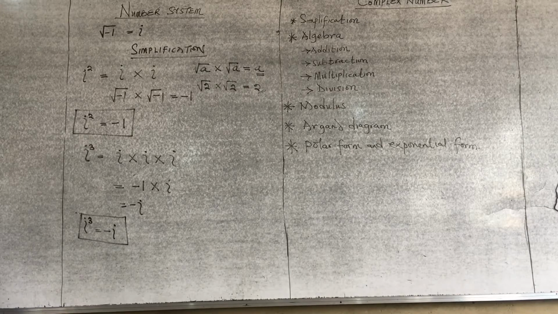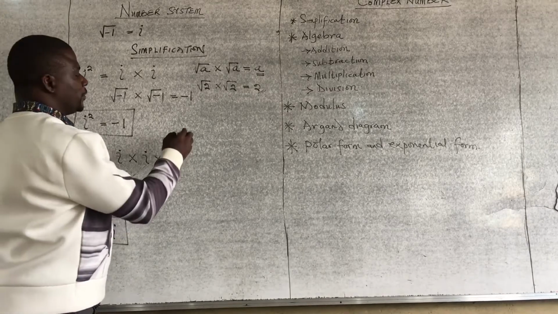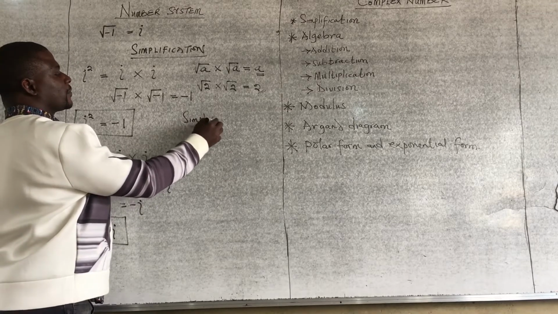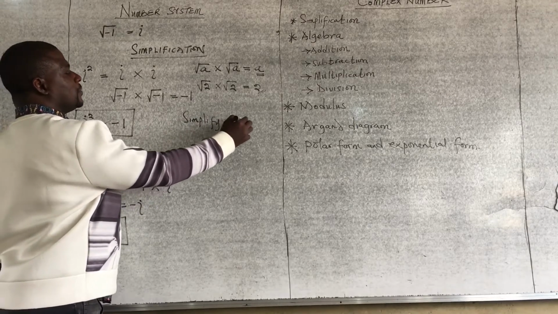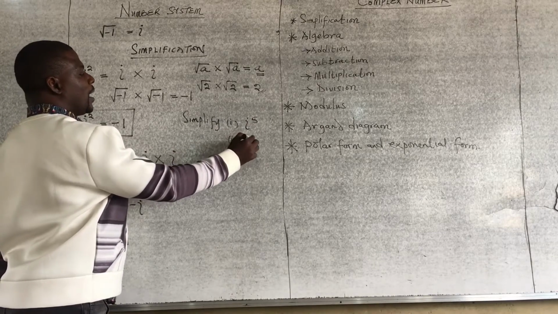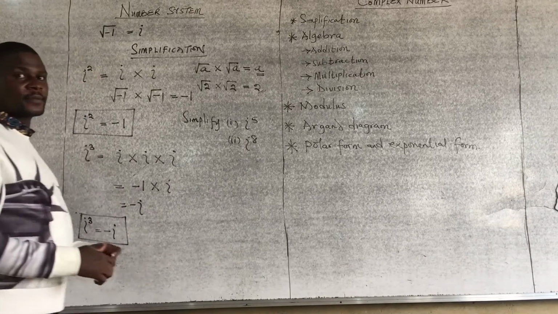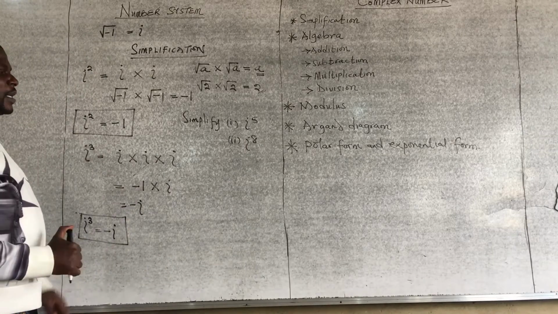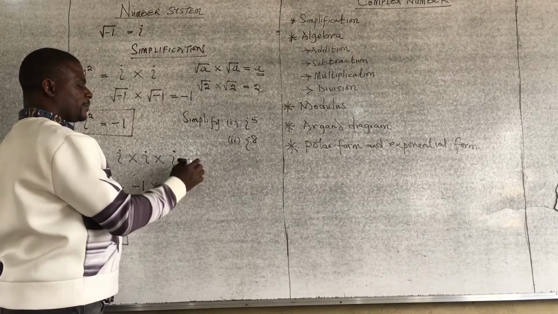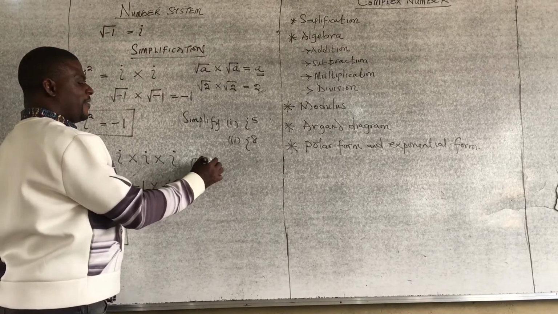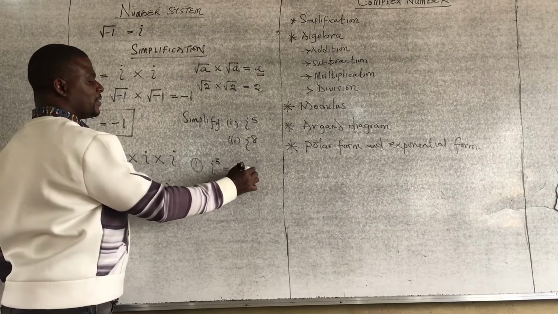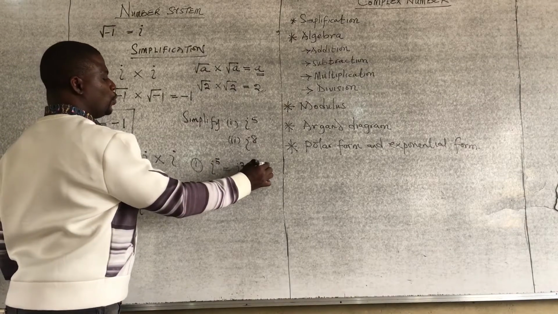Are you with me? So if you have to simplify the following: i^5 and i^8. A simple way of doing this is to say i^5 is the same thing as i^2 times i^3.